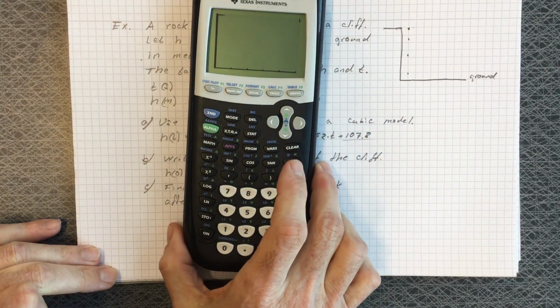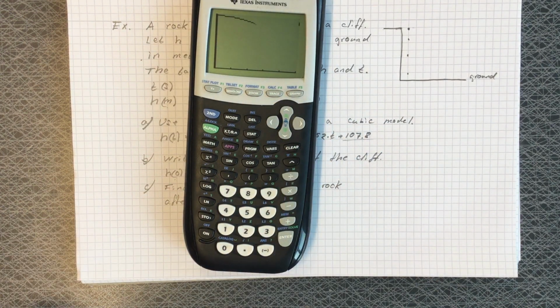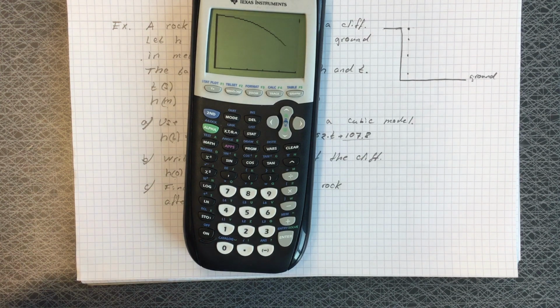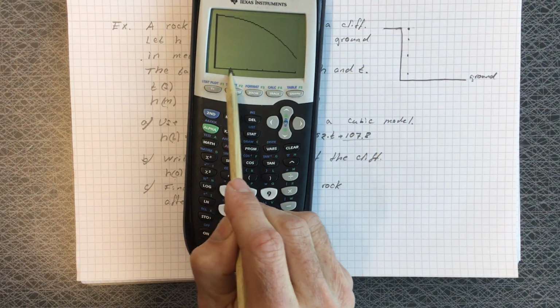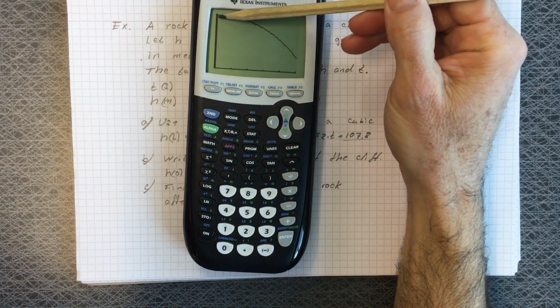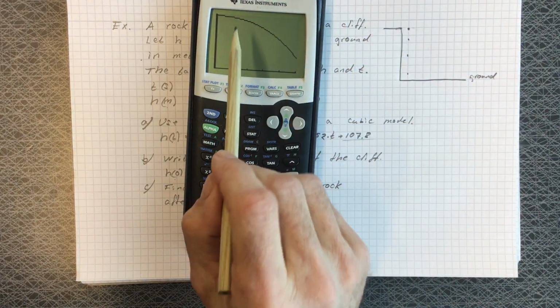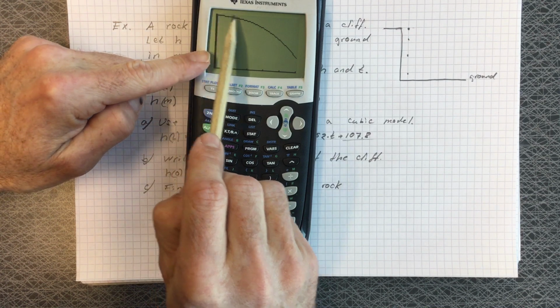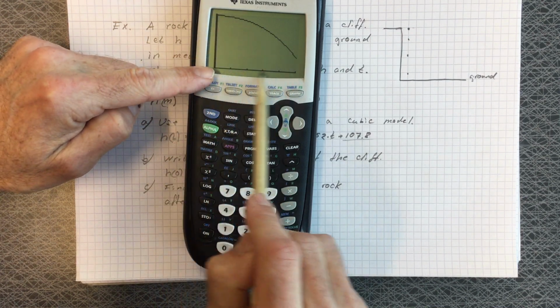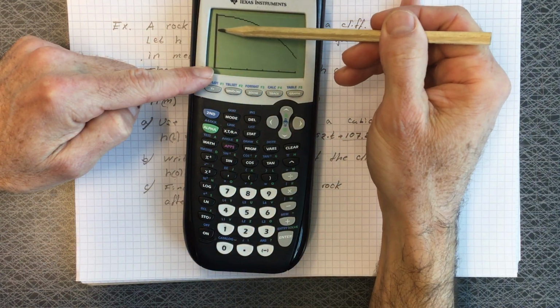Then I press graph, and it looks like this. It tells us as the time goes by, the height is getting smaller and smaller. It's not the case that you are throwing the stone to the side like this. This is the time. So the stone is falling down.